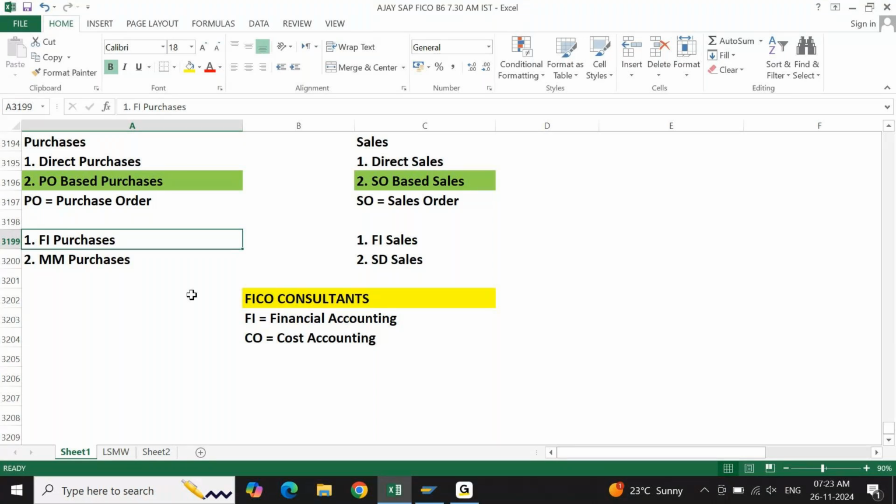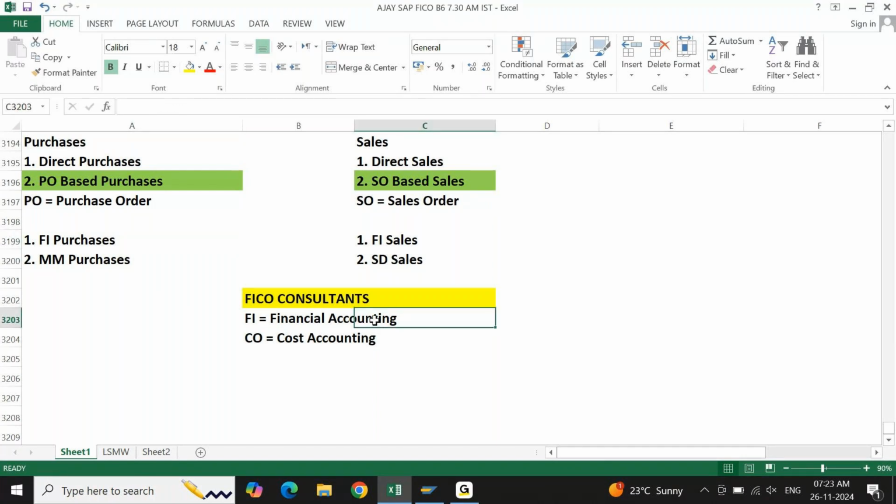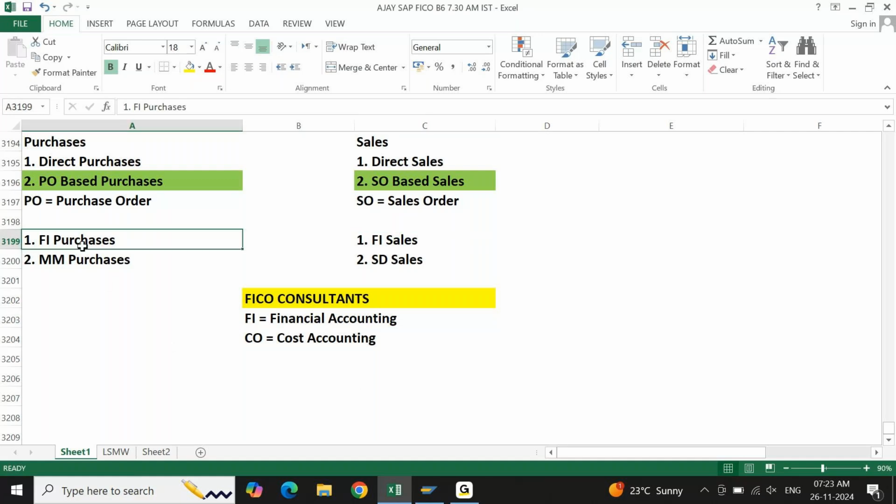We are writing FI purchase because your financial accounting is maintained in FI. Here you are not writing FICO sale, you are writing FI sale. Now, if it is FI, it is direct. Agree? FI sale, I can say direct method.